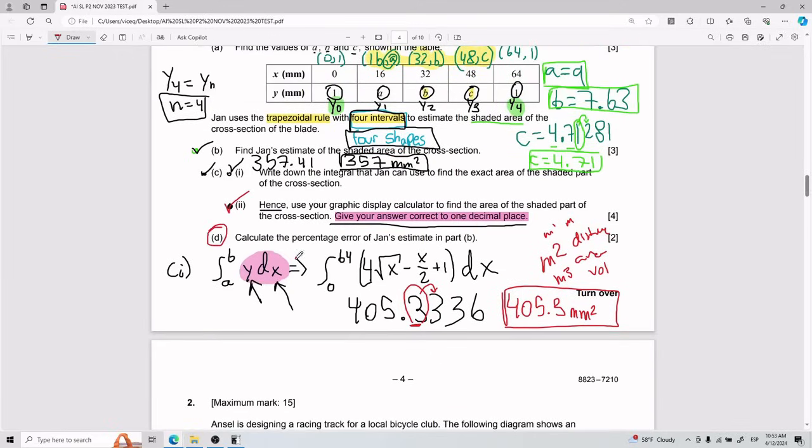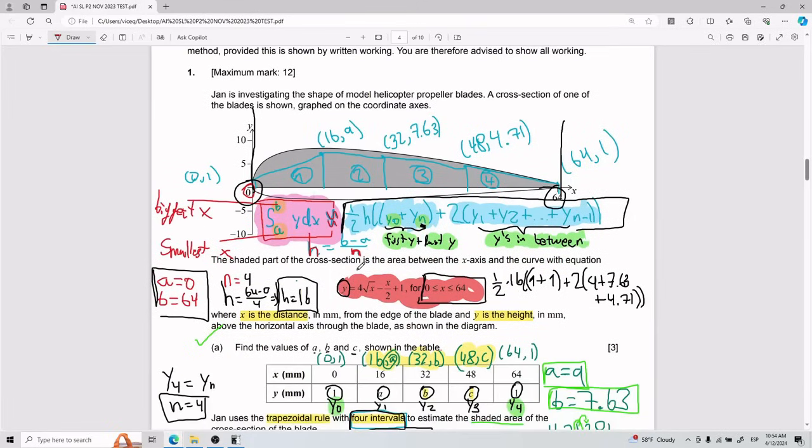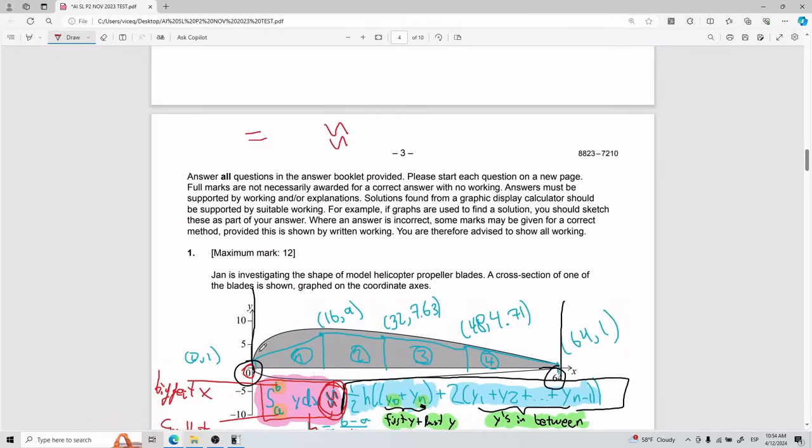Then part D is: calculate the percentage error of Jan's estimate. What percentage error? Let's remember that the trapezoidal rule is an approximate. Remember how there's a difference between equals and approximate? The trapezoidal rule is an approximate because there's a bunch of area that it does not consider.